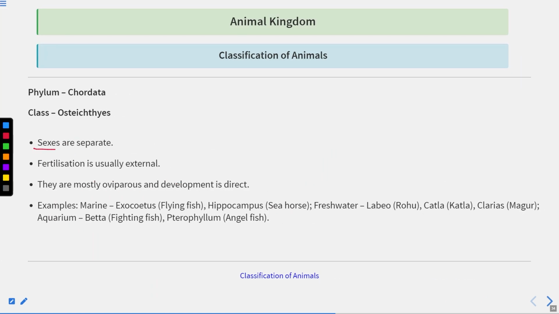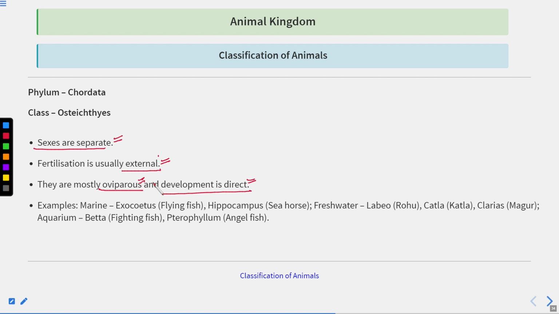Sexes are separate. So both the male and female are present as separate individuals. Fertilization is usually external, very, very different from the chondrichthyes. There the fertilization is internal. They are mostly oviparous, and development is direct.